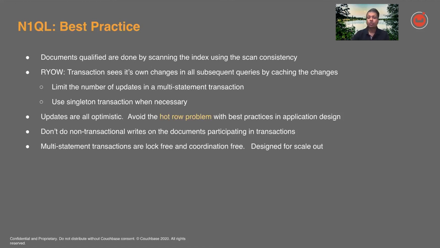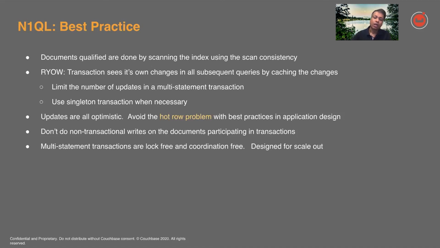Basically, the hot row problem says if all the transactions are trying to update the very same document, then let's say you have 100 transactions trying to update one single customer document, only one will get through, the other 99 will get failure and they have to retry.